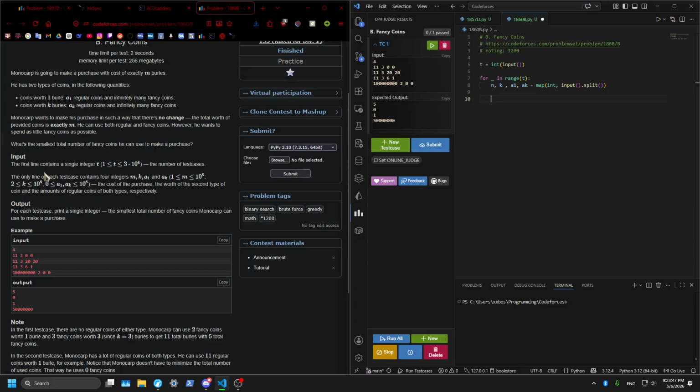The cost, the worth of the second type of coin, the amount of regular coins of both types. Okay, so amount is the total number, the worth.